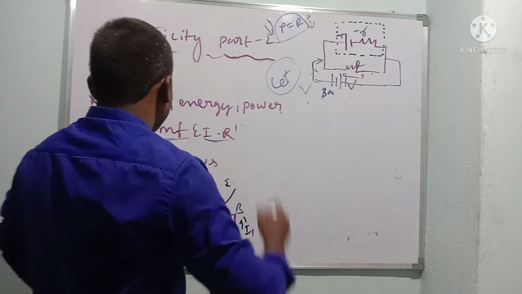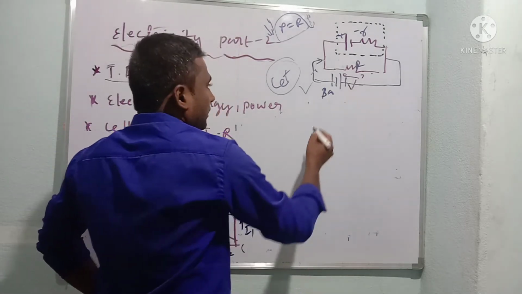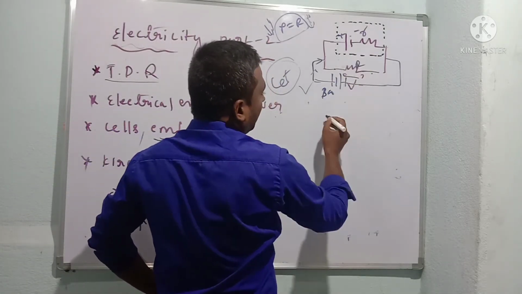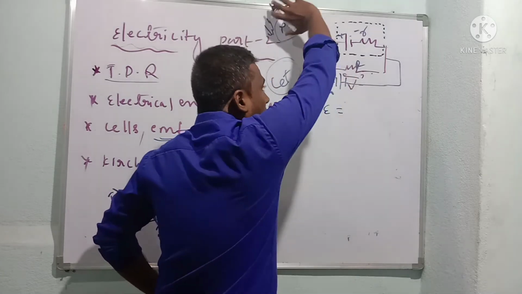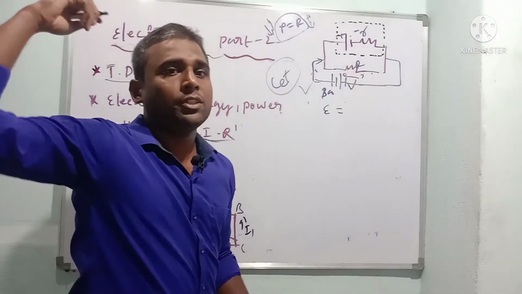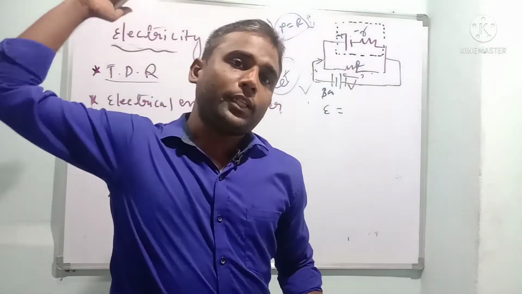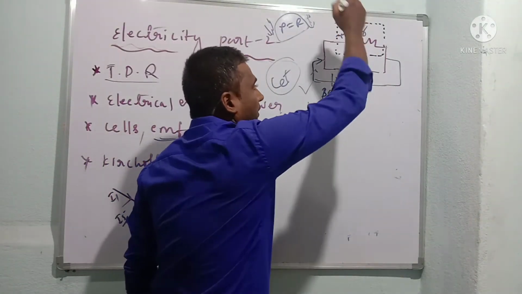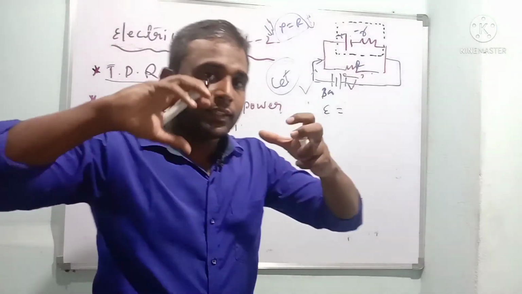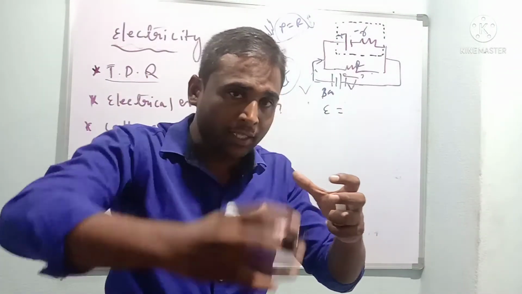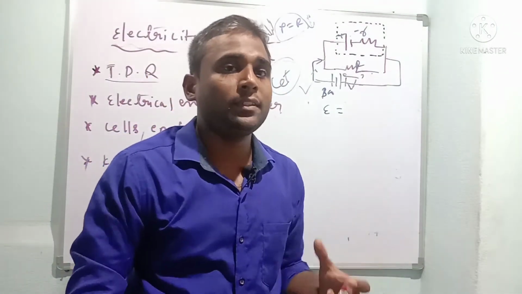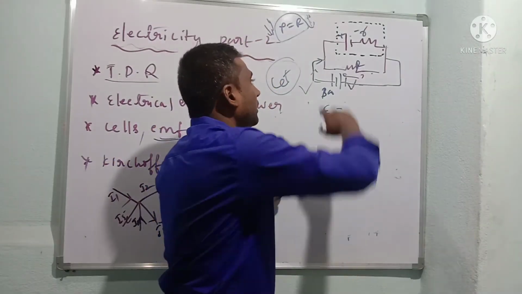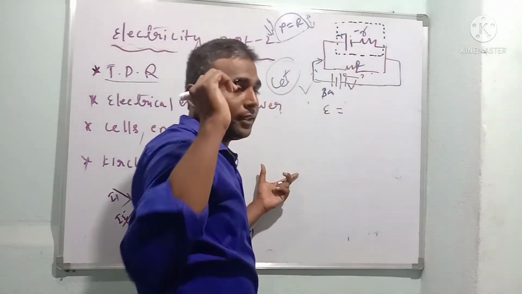Now let us understand the expression for internal resistance. Here we know that EMF is nothing but the potential difference in an open circuit, the potential difference throughout the circuit. Very simple.